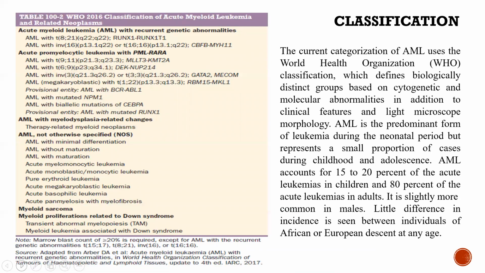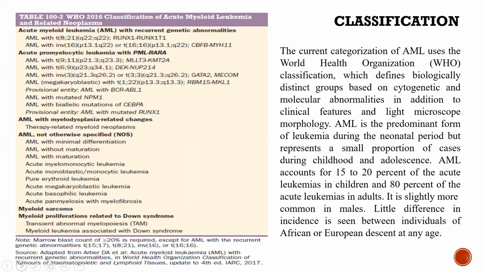The current categorization of acute myeloid leukemia uses the World Health Organization classification, which defines biologically distinct groups based on cytogenetic and molecular abnormalities, in addition to clinical features and light microscope morphology.